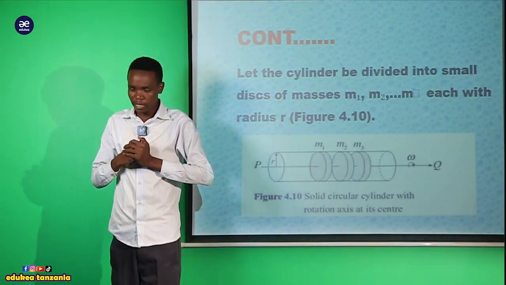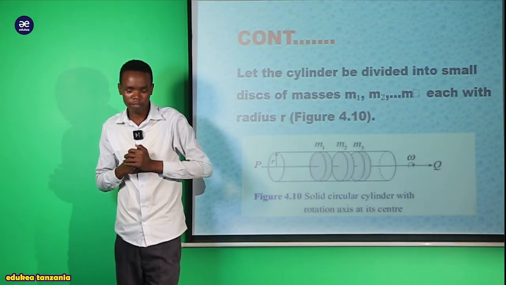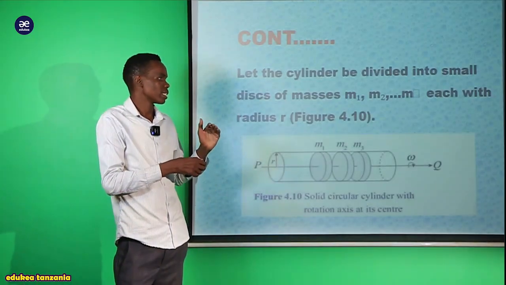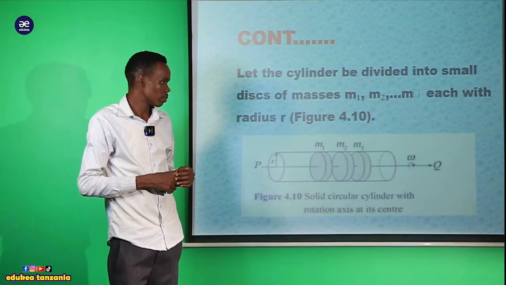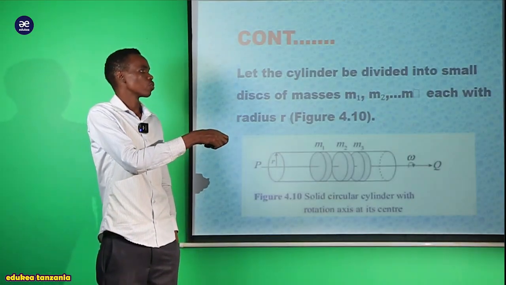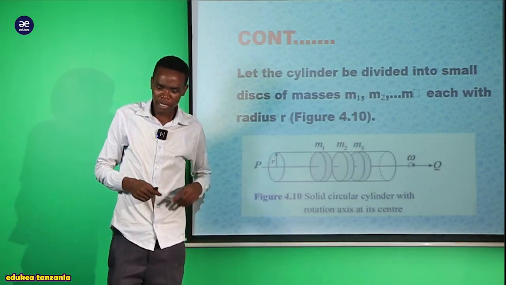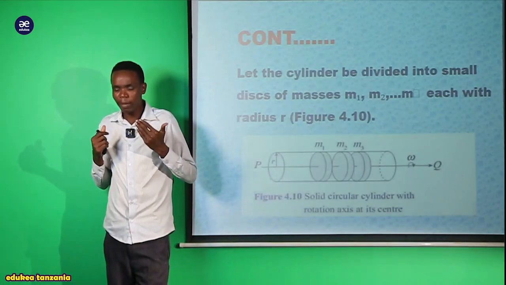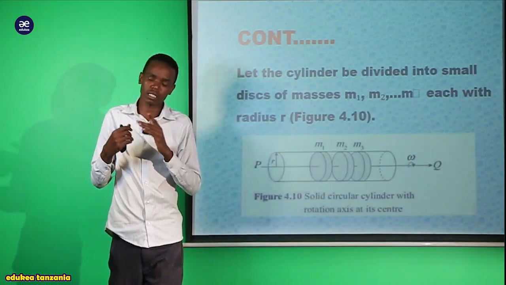So, the disks that are found inside the solid cylinder must contain masses, three masses. It means we have mass 1, mass 2, and also mass 3. But the cylinder must contain more than 3 disks.